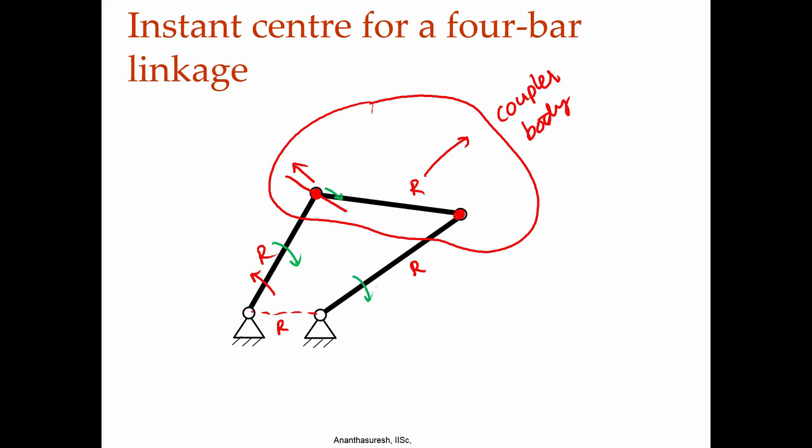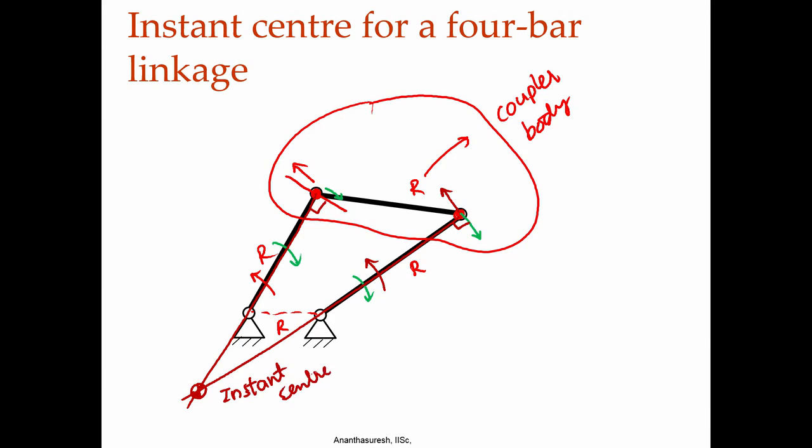Similarly, when this moves like this, the velocity will be in that direction, and when I move it in that direction, it will be that way, but the direction is known. So, velocity is here, perpendicular to that, this itself. Similarly, perpendicular to that, this itself. So, these two if we join, now this point here will be our instant center of rotation for the coupler body.